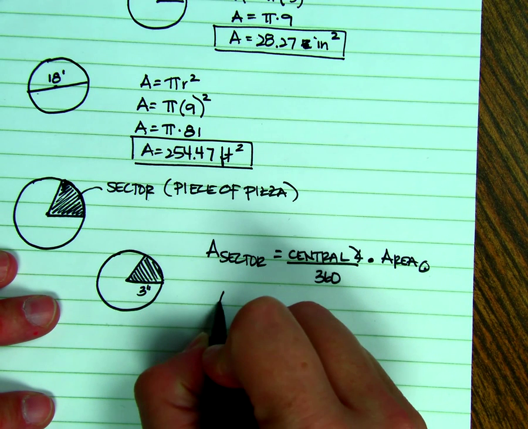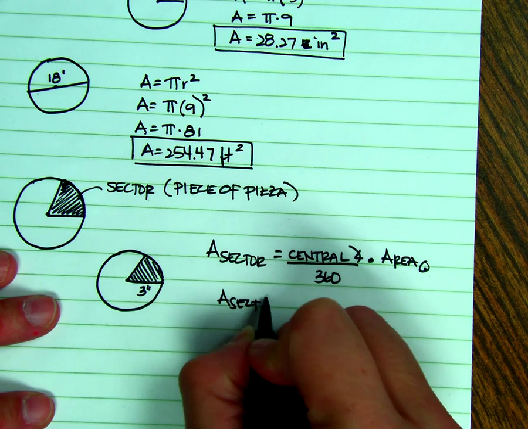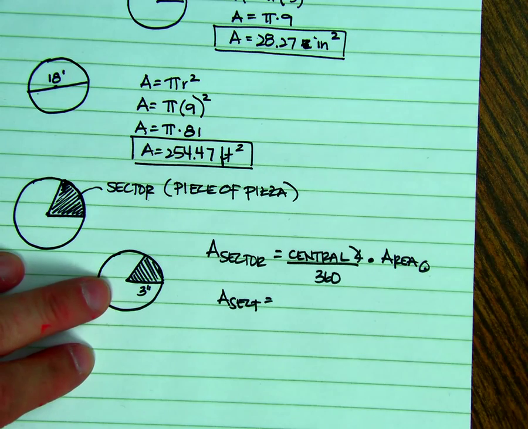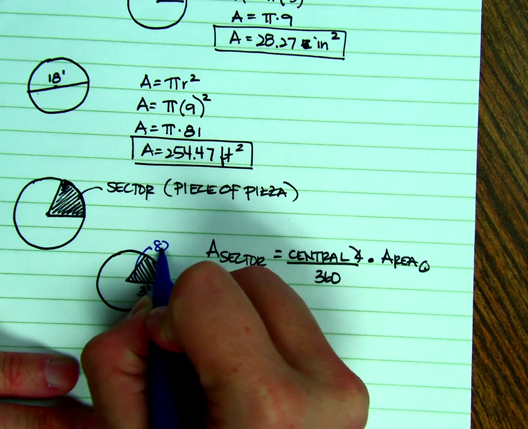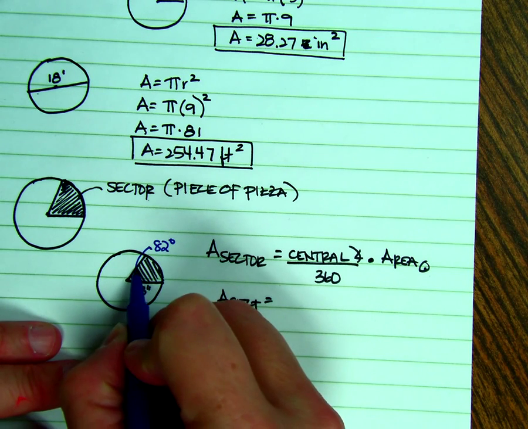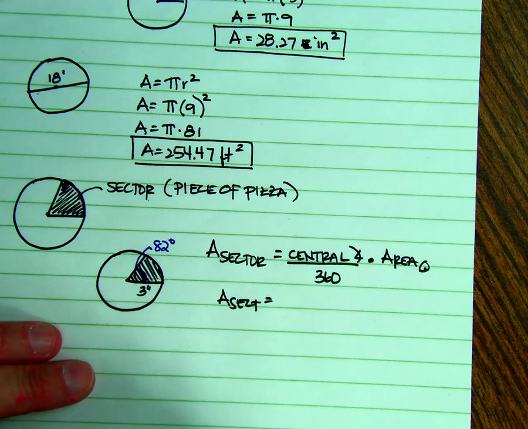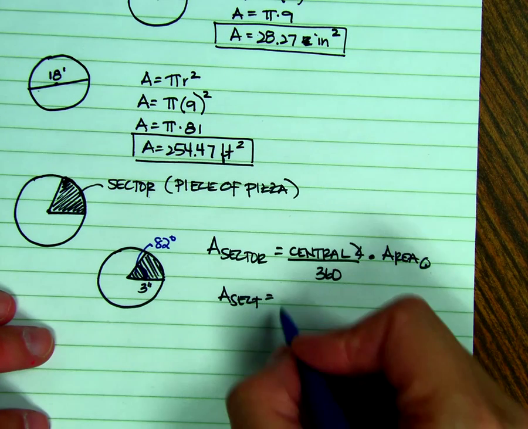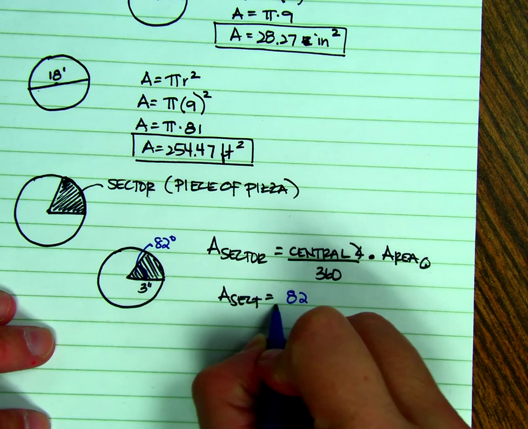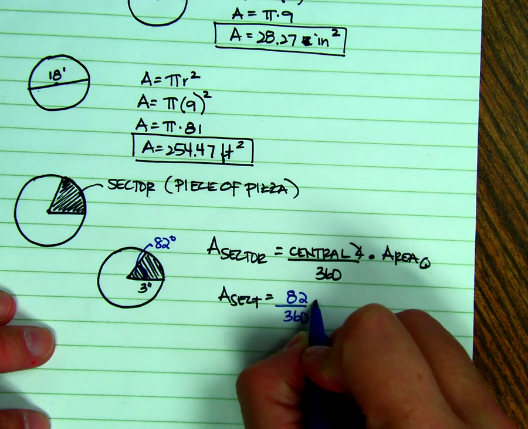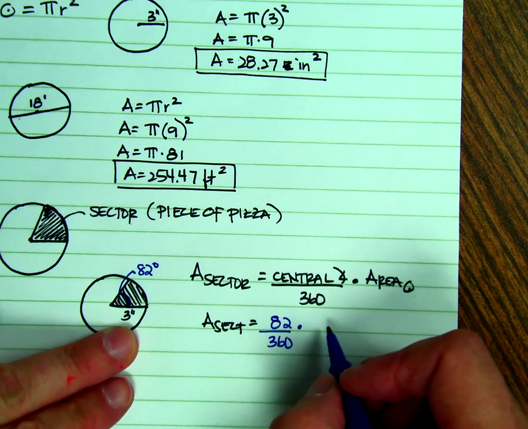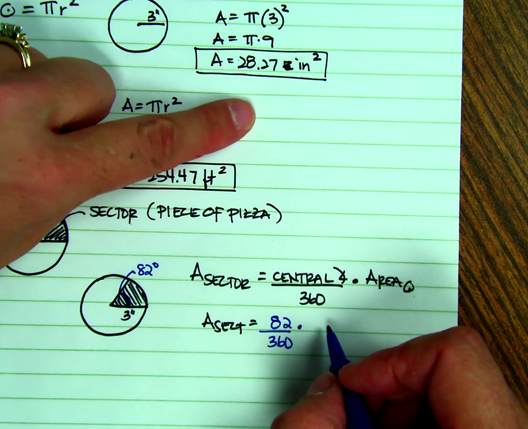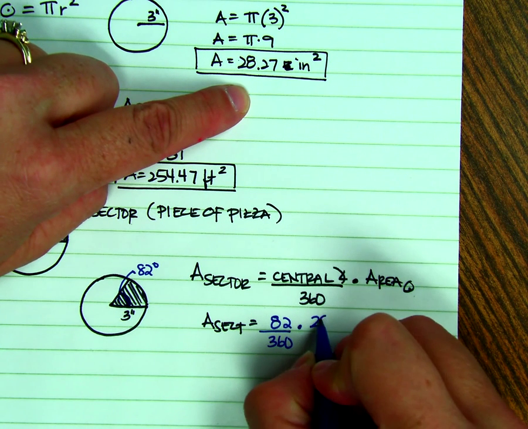So I have area of the sector equals the central angle. Let's say this central angle is 82 degrees. Okay, so I'm referring to that degree measure in there. So 82 degrees, so 82 over 360 times the area of the circle. Since we have the same diameter, we already found the area to be 28.27.